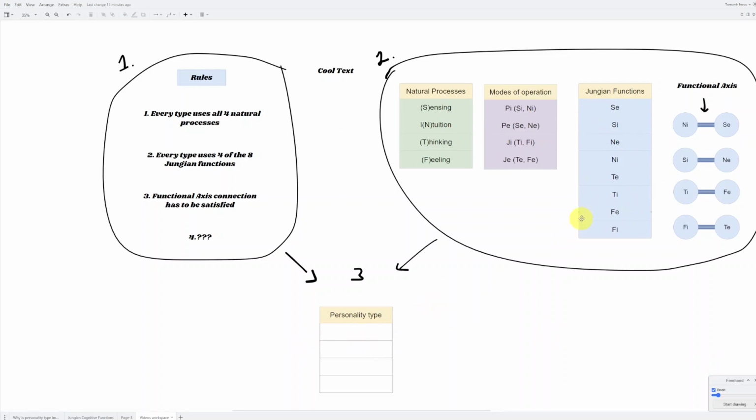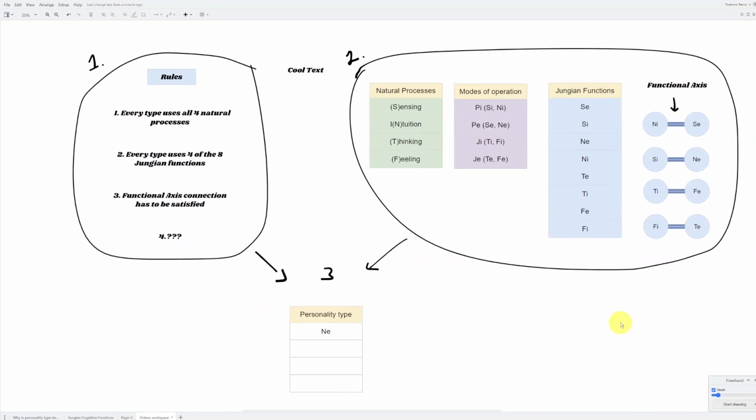So let's choose a function. So let's say extroverted intuition. So we can start with extroverted intuition here at the first slot. And we have to use now rule number 3, which is that we have this functional axis which tells us how to populate one other slot, and we know that extroverted intuition is linked with introverted sensing.